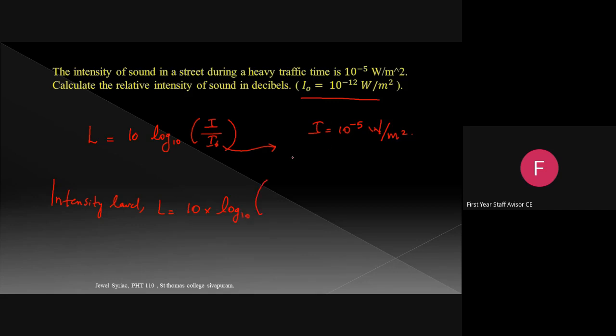What is I? I is 10 raised to minus 5 divided by I0, 10 raised to minus 12. So that is equal to 10 into log base 10 of 10 raised to minus 5 into 10 raised to 12. Basic maths, 10 raised to minus 5 plus 12. What is 12 minus 5?